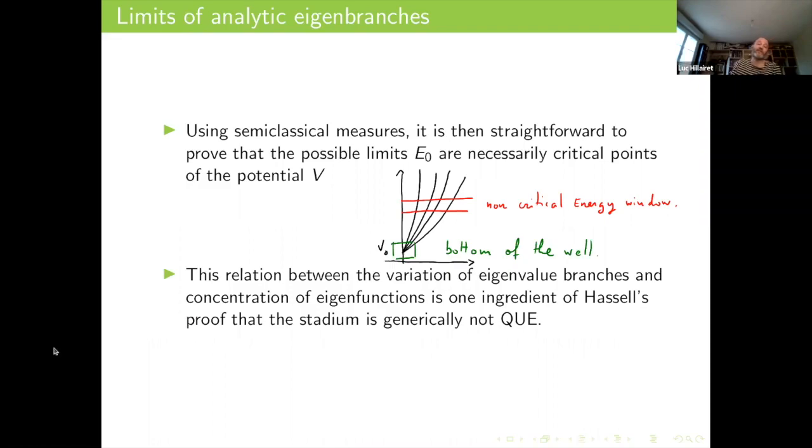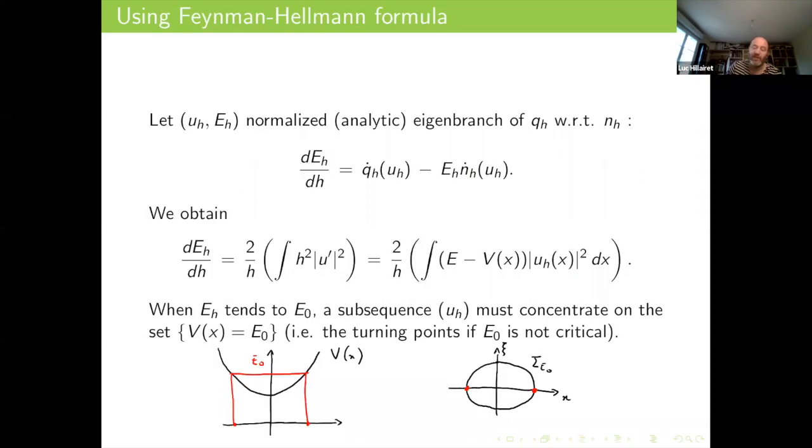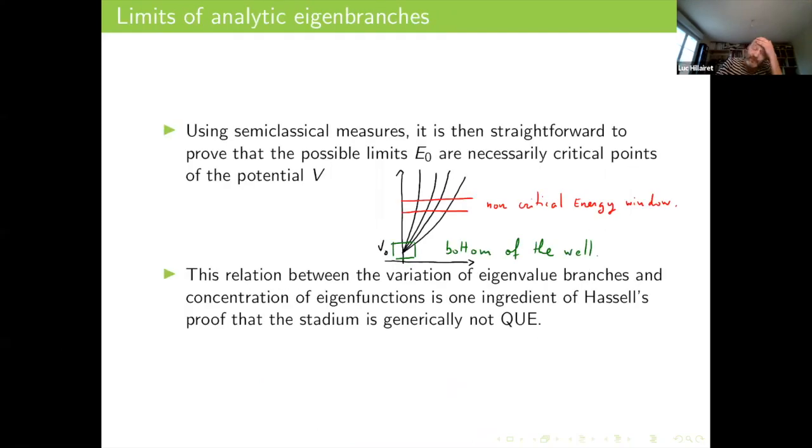But you also know that there are these things called semi-classical measures that tell you that any limit of such an expression has to be associated with a measure on the energy surface that is invariant. And here it tells you that it's not possible to concentrate on these 2 points. And so using semi-classical measures, you see that the only possible limits E0 are necessarily critical points of the potential V.